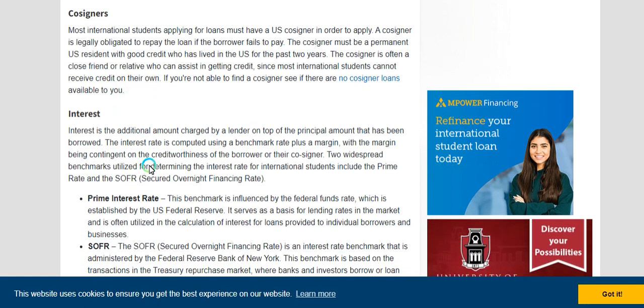Interest. Interest is an additional amount charged by a lender on top of the principal amount that has been borrowed.